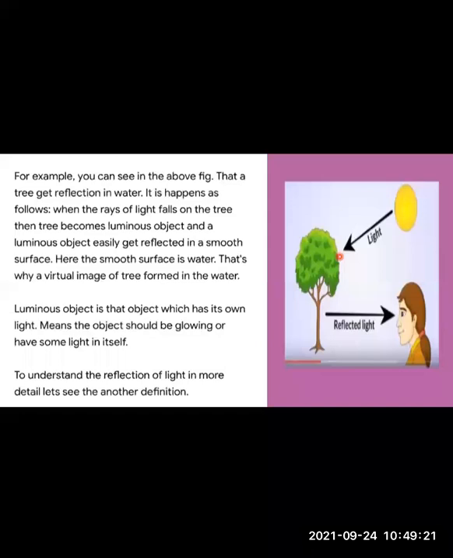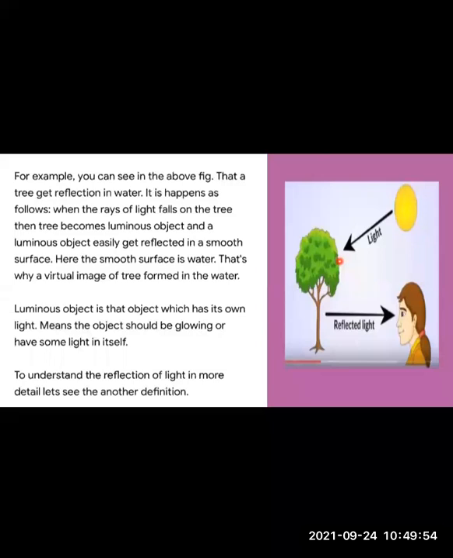As I told previously, luminous objects are the objects which are able to emit light. But as such, a tree is not a luminous object. So what happens is, the rays of light coming from the sun are incident on the tree, and the tree itself becomes a luminous object. And the luminous object easily reflects from the smooth surface. Hence we get a virtual image of the tree in our eyes.